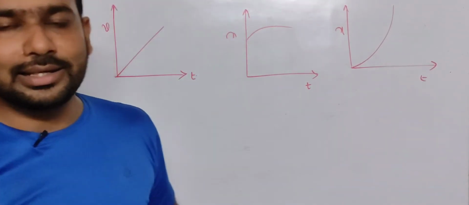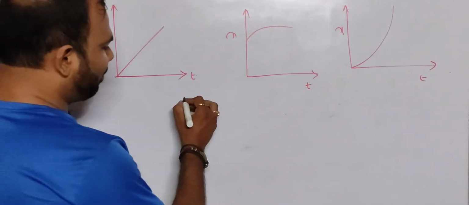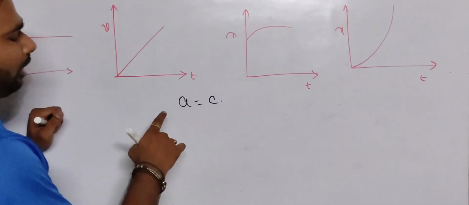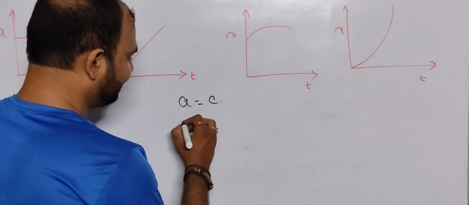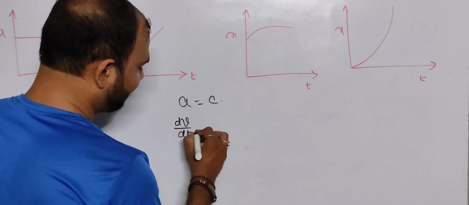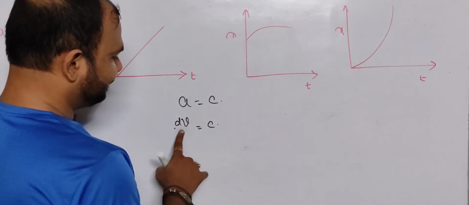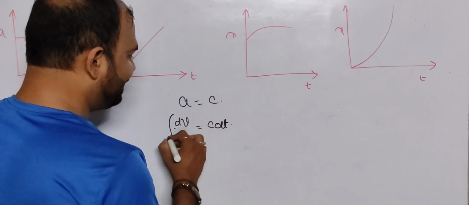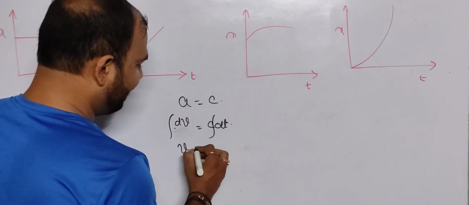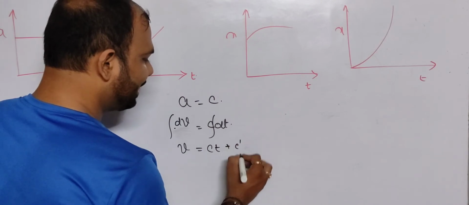If we consider the acceleration as constant, so acceleration a equal to constant, acceleration a is dv by dt equal to c. If we move this dt and integrate this, v equal to ct plus some constant c dash.